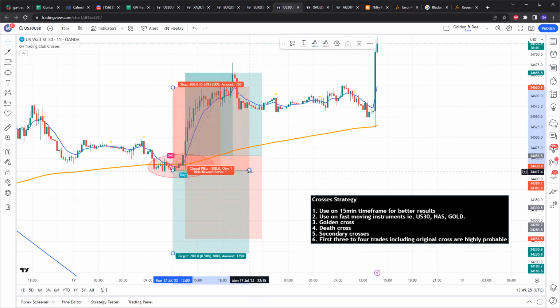The reason for that is for US30 to move 200 pips. Let me put it this way. It's easy for US30 to move 100 pips up and then come back and move 100 pips down.